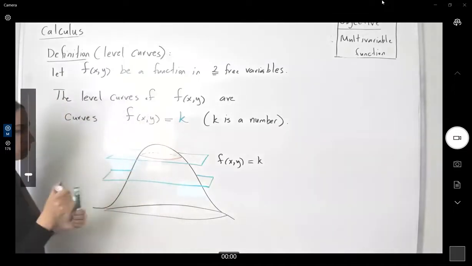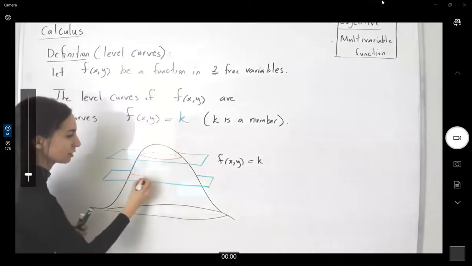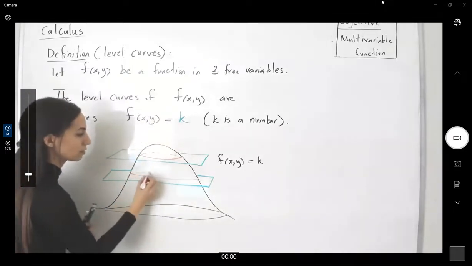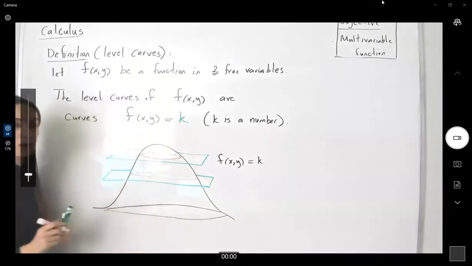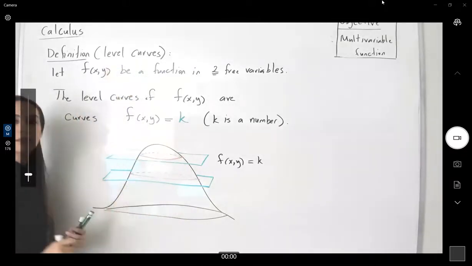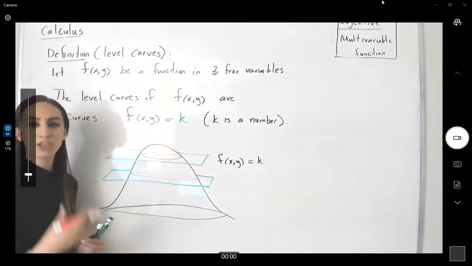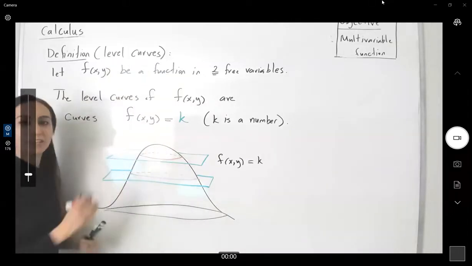Here is another one, giving some slices. So this is another interpretation when we are talking about level curves. These are just curves at specific heights.